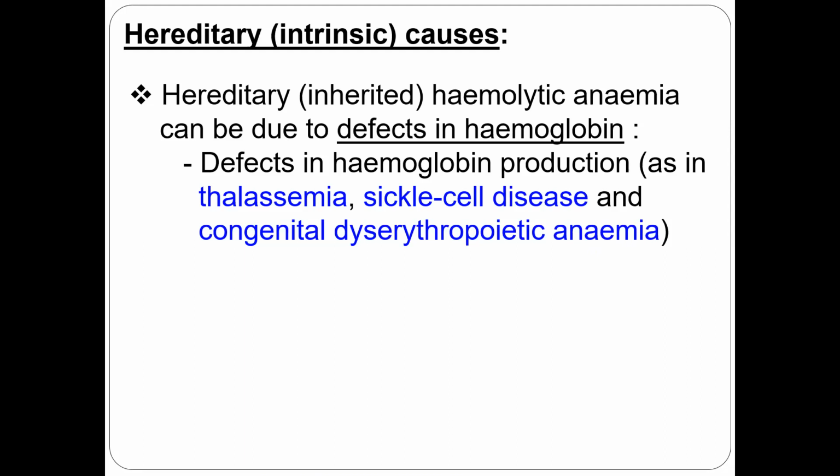We call it hemolysis. Any anemia as a result of defects in hemoglobin synthesis is therefore going to come under this hemolytic type of anemia.